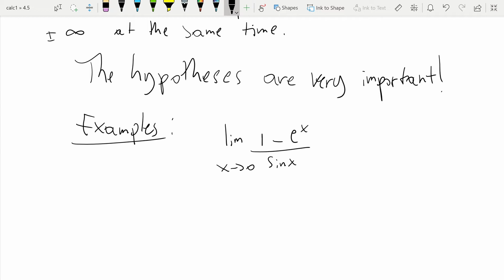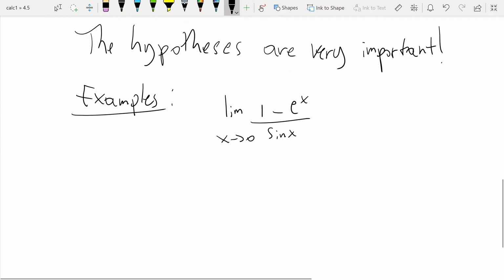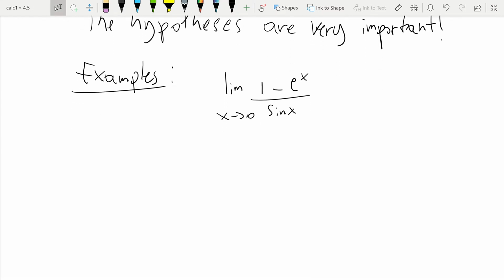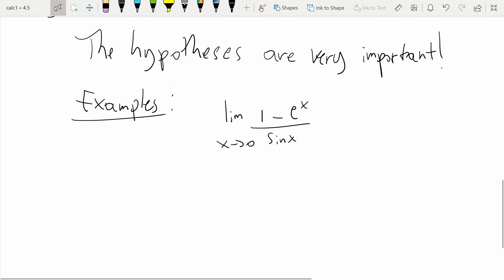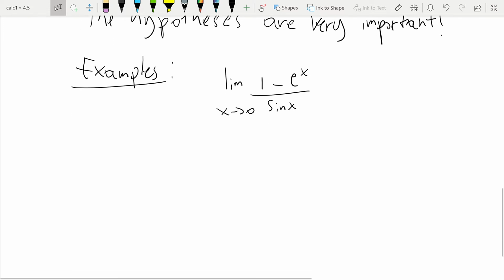And how do I know that you already know how to handle this situation? Because you already know the limit of 1 minus e to the x divided by x as x approaches 0, and you also know the limit of sine x over x as x approaches 0. So you could multiply and divide by x. But here we're just interested in finding out whether we can apply L'Hopital's rule or not.